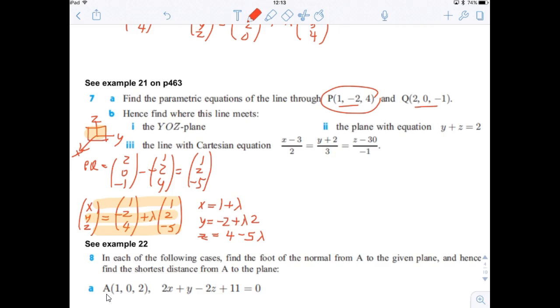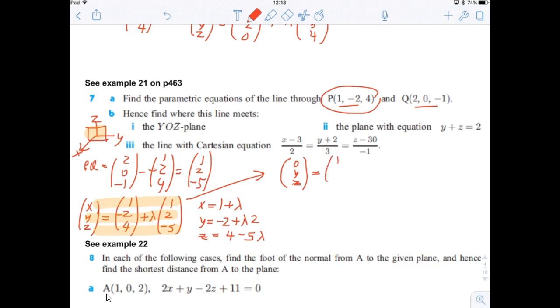The x axis comes out, and the YOZ plane is along the x equals 0 dimension. So if x is 0, looking at our vector equation, what would be the coordinates of y and z if we know that the x coordinate is 0?